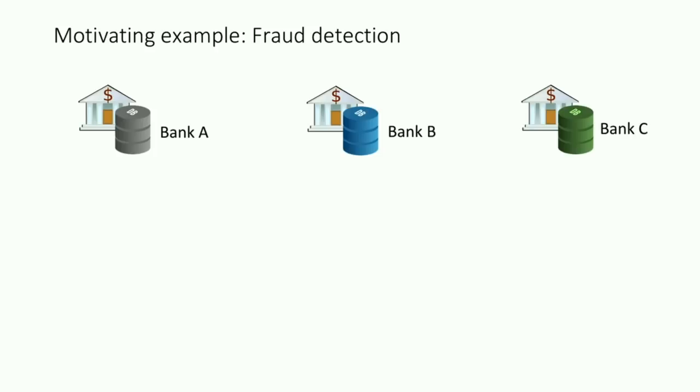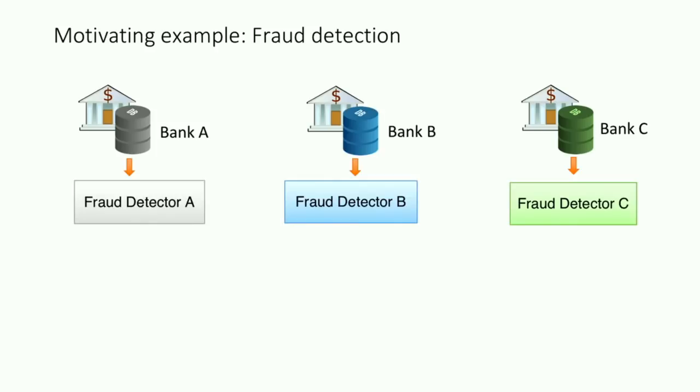For example, banks need to do fraud detection to figure out whether they should give someone a loan or whether there are suspicious or malicious activities. Typically, each bank, using its own information, can train its own fraud detector. And because the data is sensitive, it's usually difficult for the different banks to collaborate together.